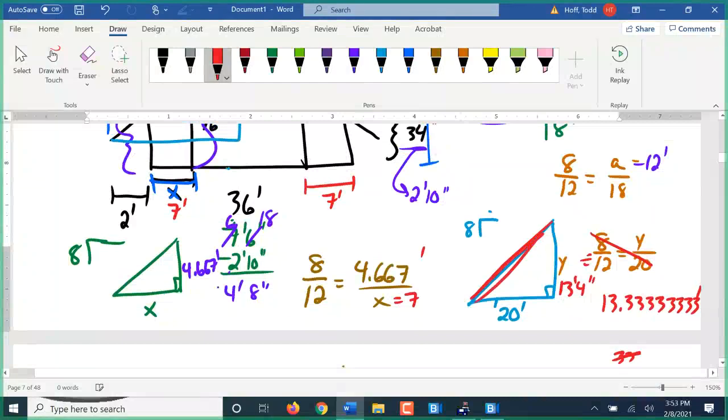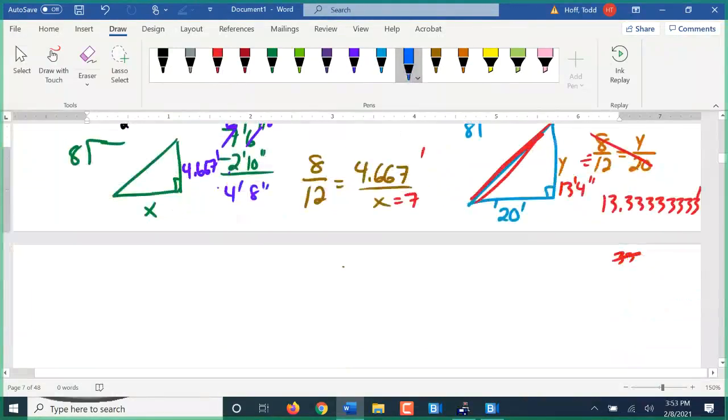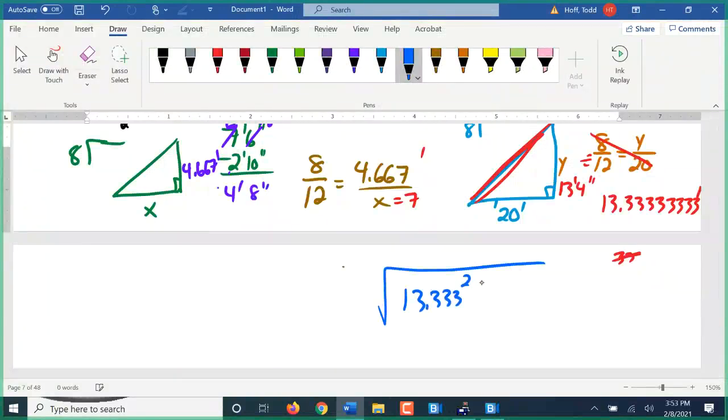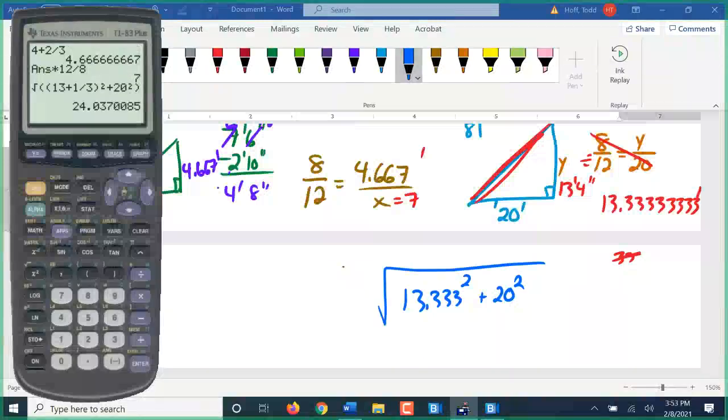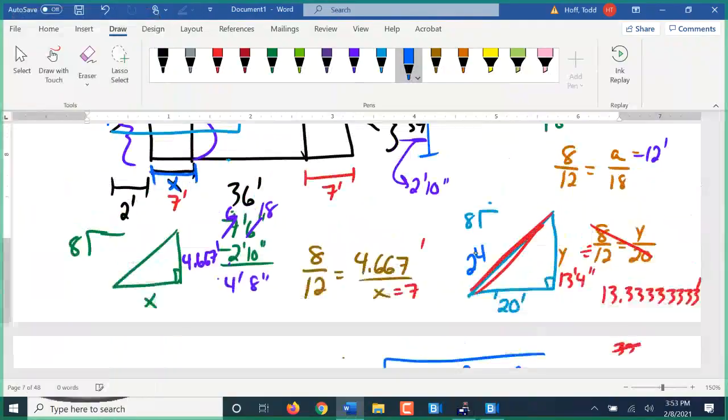How do we find that? Square root of 13.33333 squared plus 20 squared. 24.037. And I trust you can turn that into feet and inches.